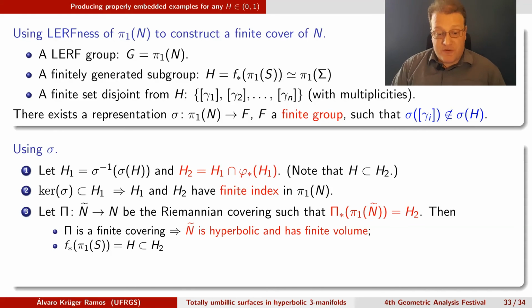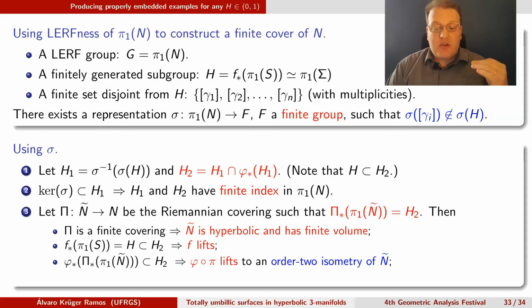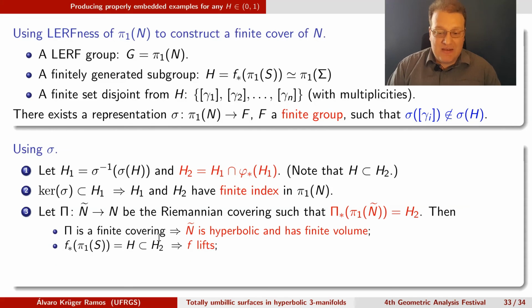Moreover, f star of pi1 of sigma is exactly H, and H is contained in H2. So f lifts, and we find a totally geodesic surface in N tilde, properly embedded with all the properties and with the topology S that we wanted to start with.